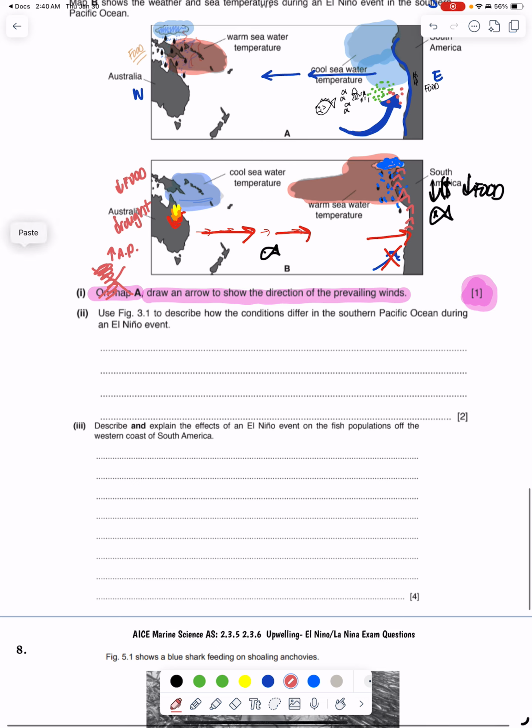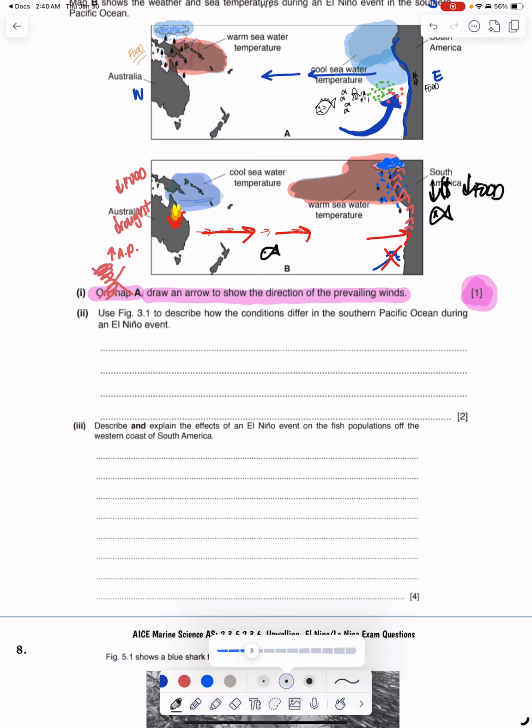Okay, so they said use the image, describe how, so it's like an explain and a what. Describe is what, and then the how is essentially like your why. So what's happening and then why.